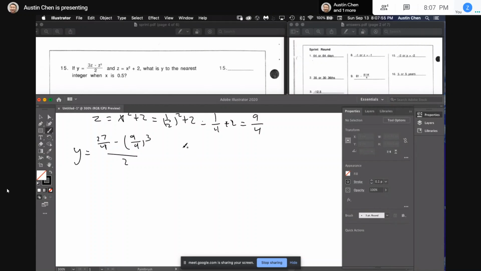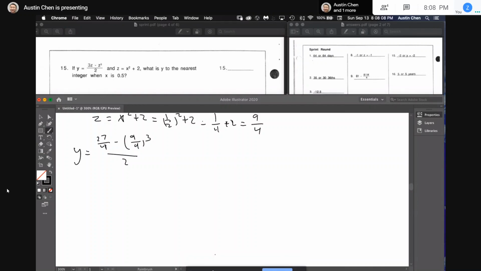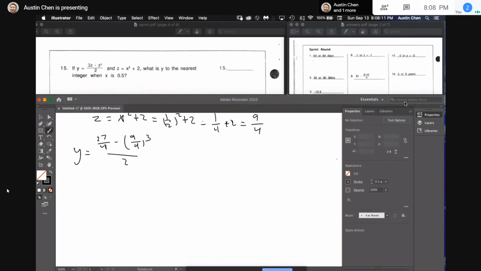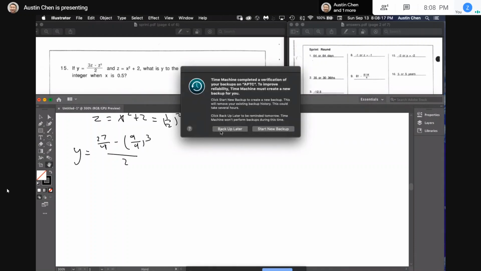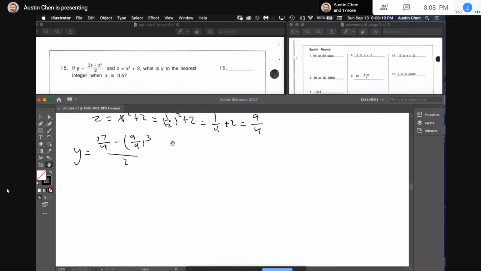In this case, it's asking for y to the nearest integer. Well, is 4 cubed 64? Is 64 small enough that if we round it, it's going to be insignificant?